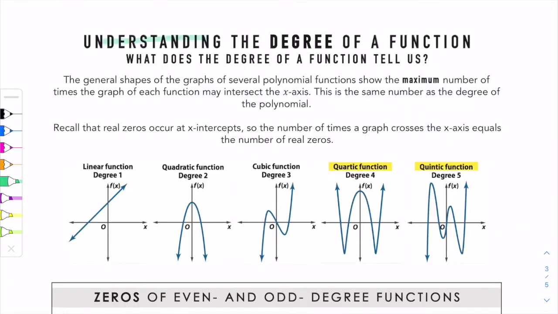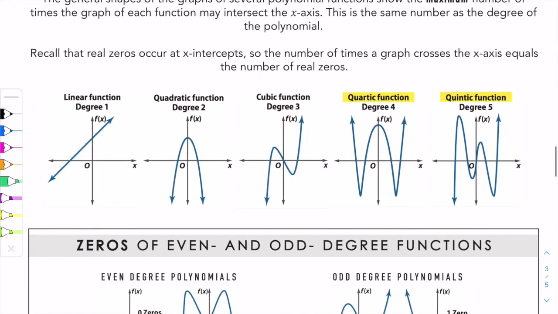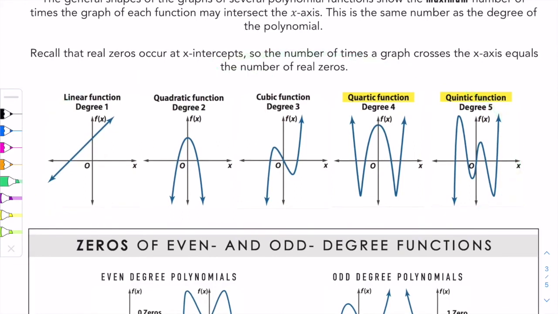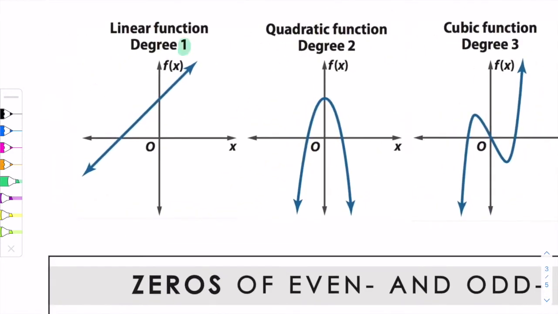Understanding the degree of a function tells us about the number of curves or the number of zeros that you're going to see. Let's focus on these examples I have pre-done for you, and let's talk about the number of zeros. The first one is a linear function, which is a degree of 1.